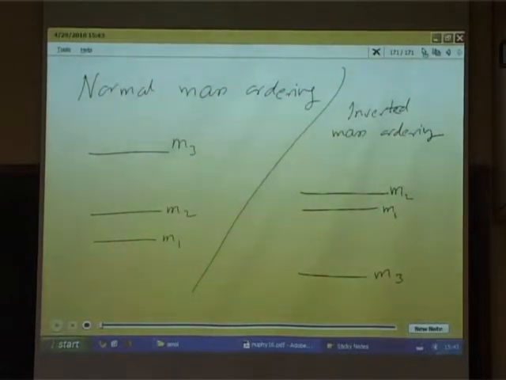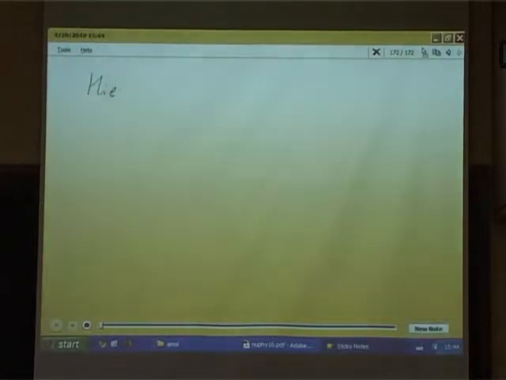Strictly speaking, this should be called mass ordering, but people also call them hierarchies. It's standard notation, you can't do anything about it. Another concept people use for hierarchy is the following.